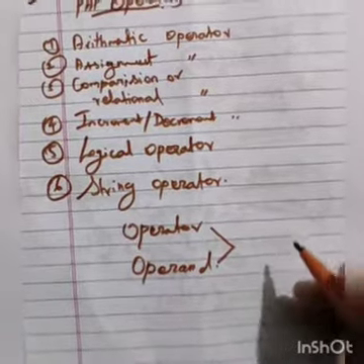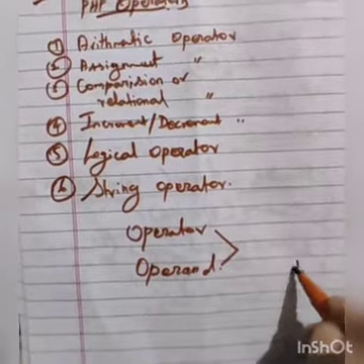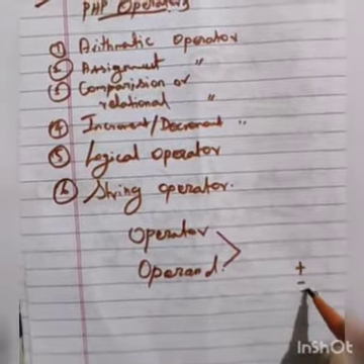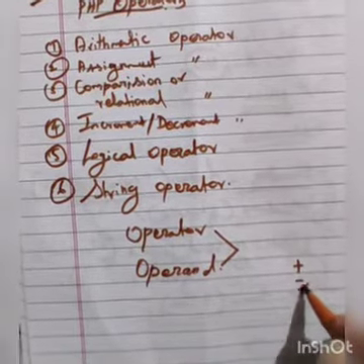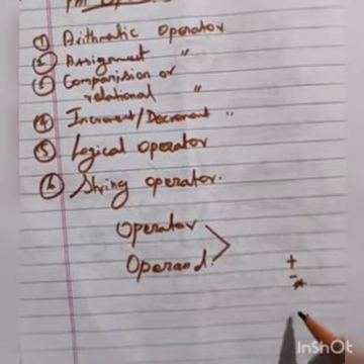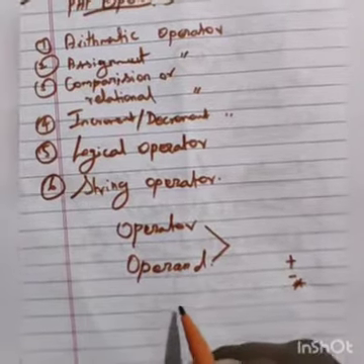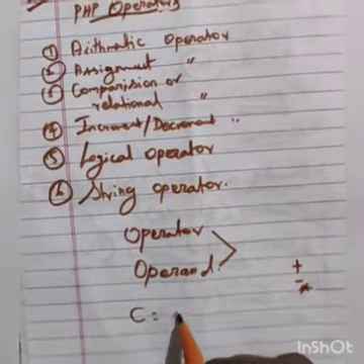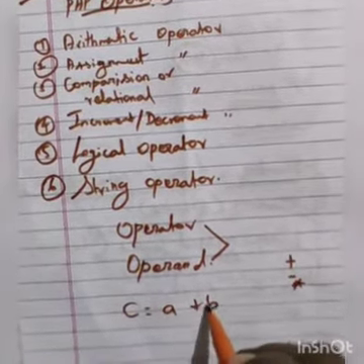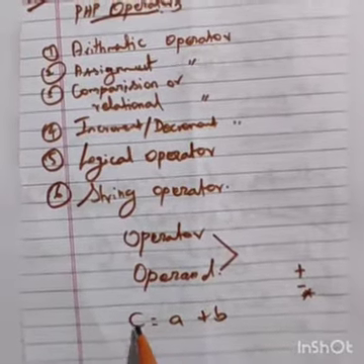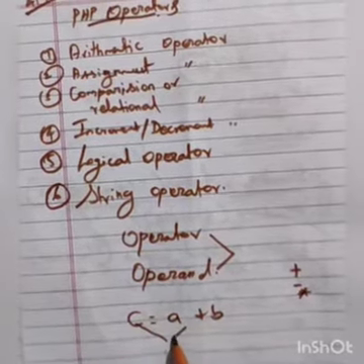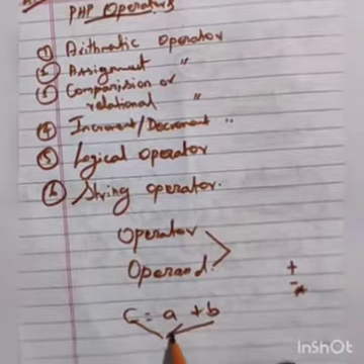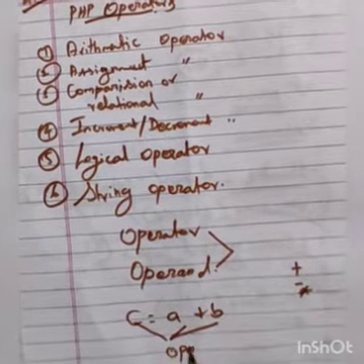So what does that mean? Operator means symbols: plus, minus, asterisk, and so on. That is called an operator. What does operand mean? See here, for example, C is equal to A plus B. So C, A and B are the operands.